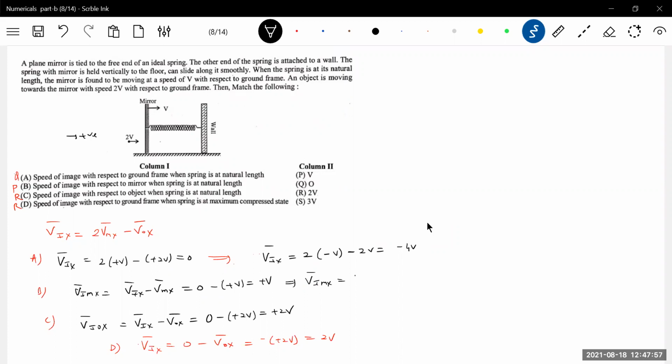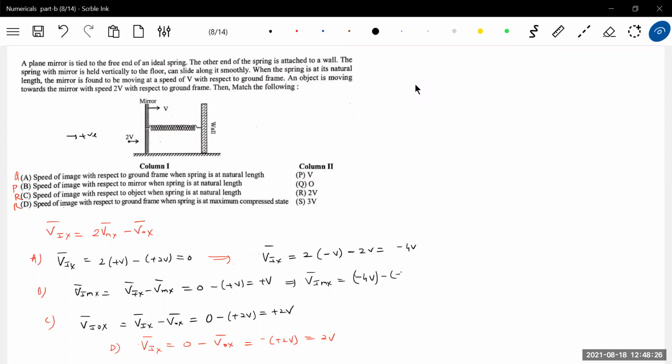V_IX is how much? Minus 4v. Mirror moving towards left, object moving towards right. But look at the question: as the mirror is oscillating, after compression, then again at natural length it will be moving towards left, no?